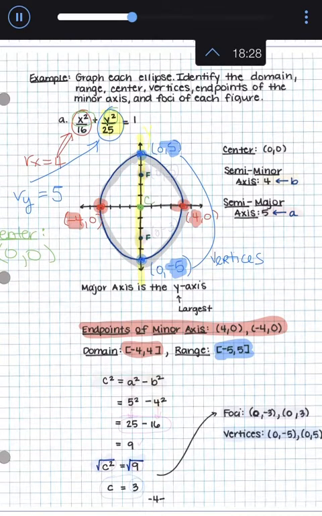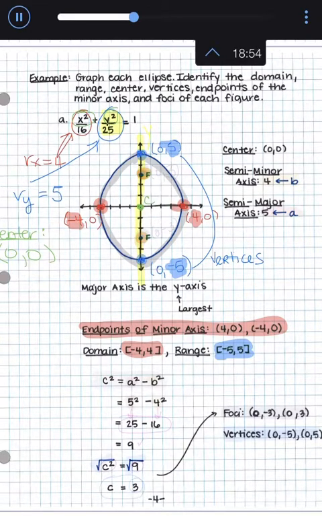Okay, question is, how do we come up with the foci? Well, remember the foci are going to be somewhere in between the center and the vertices. So we already know where they are, but I'm going to show you how to find those. They're always on the major axis, which means on this one, y's were the major axis, so they're going to be up or down.